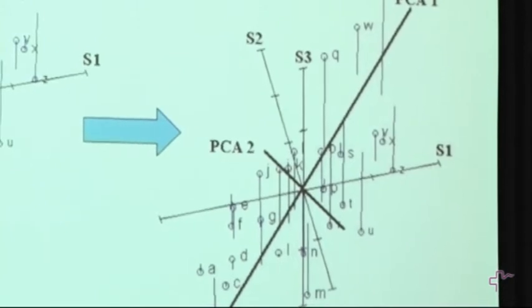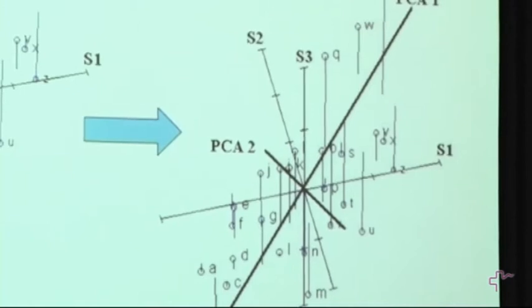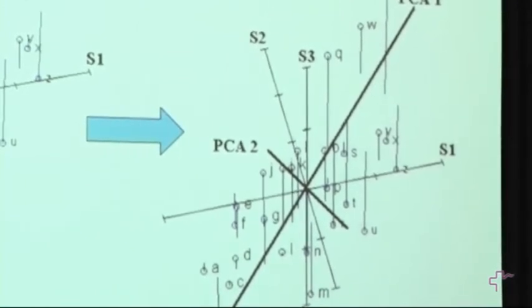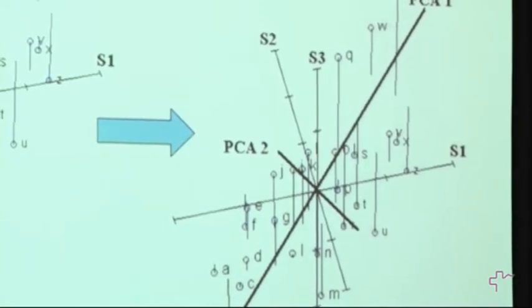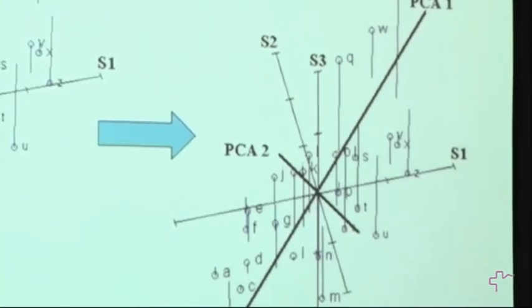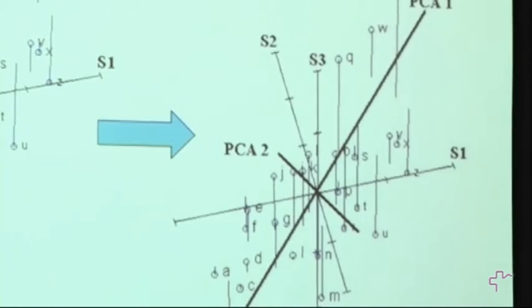So if we start with a set of, let's say, 3, 4, 5, 20 variables, we can transform it into their principal components, but we probably won't need all of them, because perhaps using the first, the second, the third one, we will be able to explain the most part of the variability.